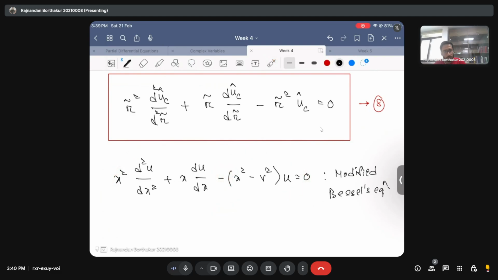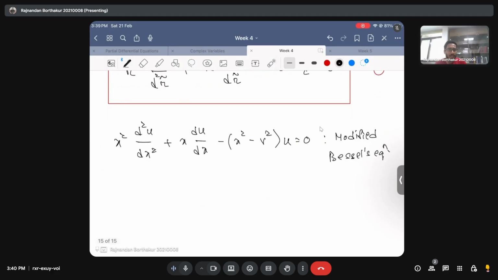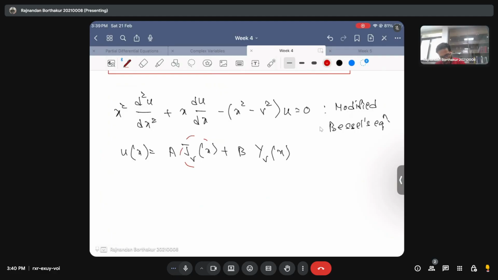This equation is so famous that people have calculated that the solution u as a function of x is going to be the modified Bessel functions, some constant a times J nu of x plus some b times Y nu of x, which are known as the modified Bessel functions of the first and second kind.